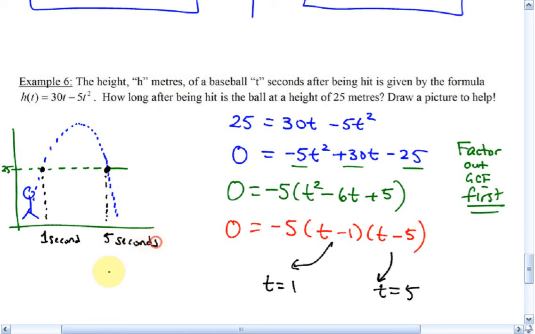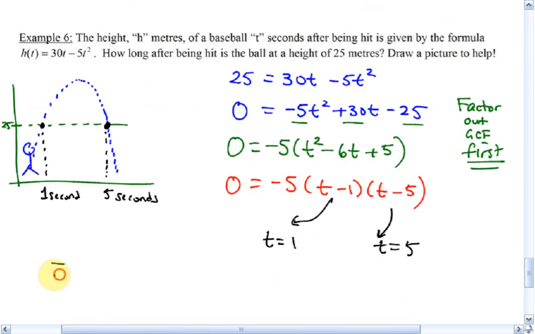In between. So how long after being hit is the ball at a height of 25? I'll say it is at a height of 25 meters after 1 second and 5 seconds.